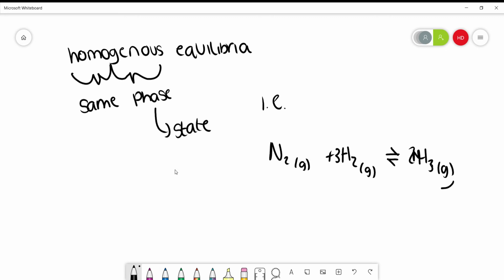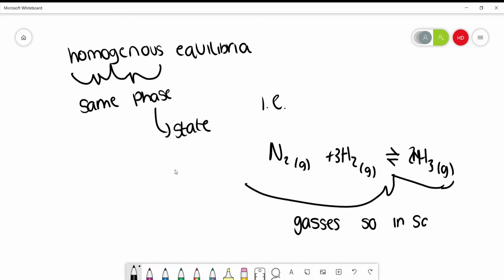And since they're all gases, so in same phase, so homogeneous.